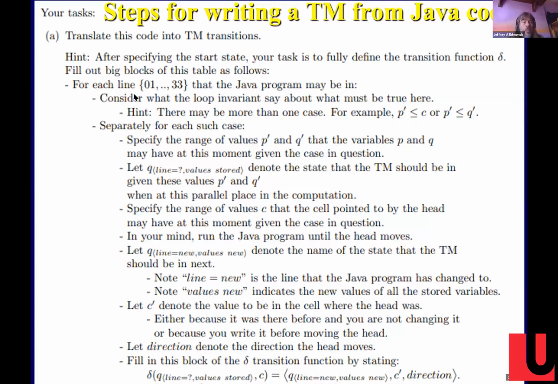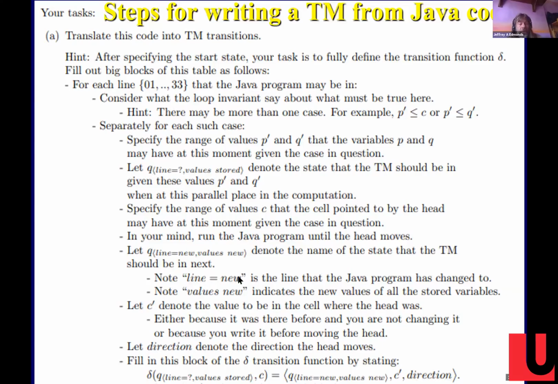If I was in line 1 here, maybe I ran it past lines 1, 2, 3, 4, 5, 6, and now I'm in line 6. And what are the values of the variables? The variables did have values, P prime and Q prime, and this told me what values they did have. I ran them for a while. Now what variables do I have and what values do they have? So you write down what the Turing machine now knows, and that will be the next state.